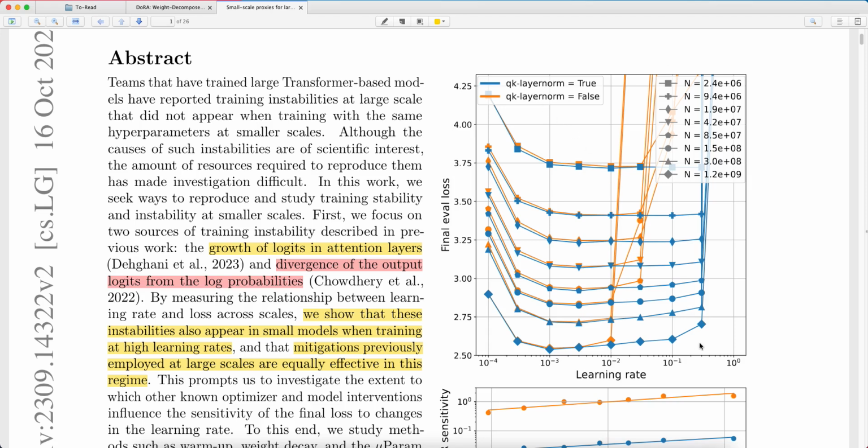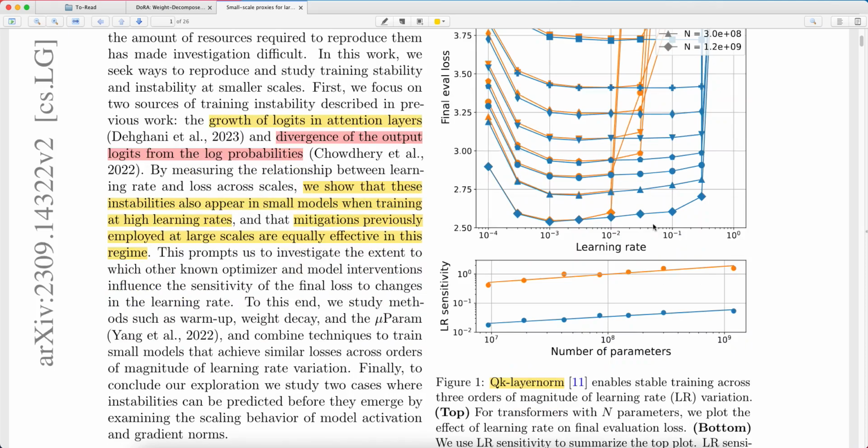Whereas with qk-layernorm, you can increase the learning rate by an order of magnitude or more, and it'll still be stable, and then it'll collapse. So yeah, obviously, I've just kind of interpreted the chart, but I still don't know what qk-layernorm is, and I don't really understand LR sensitivity.